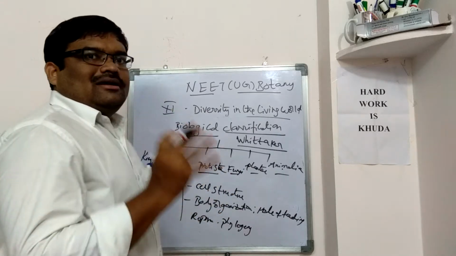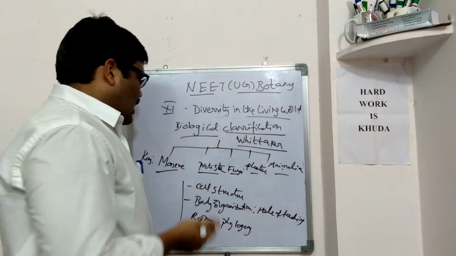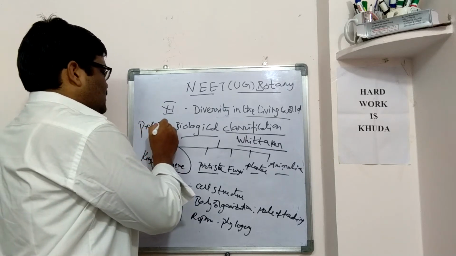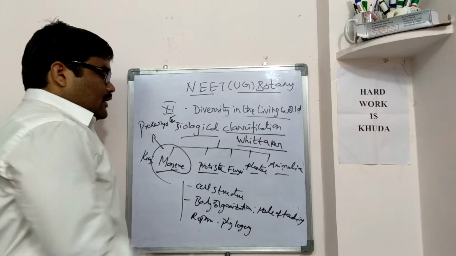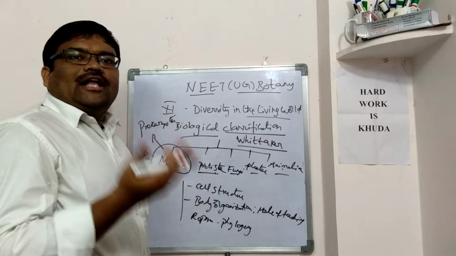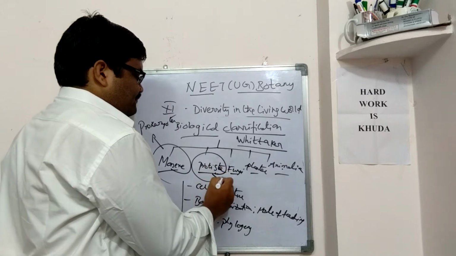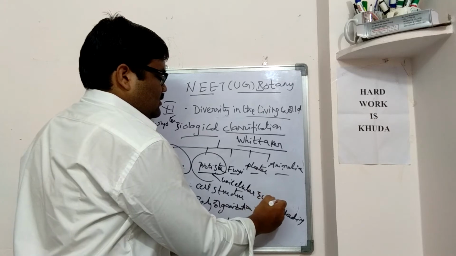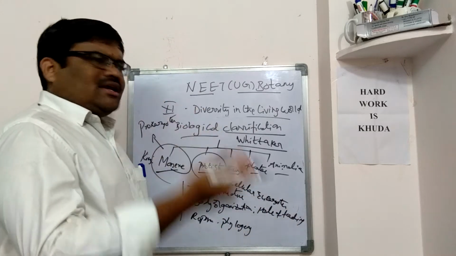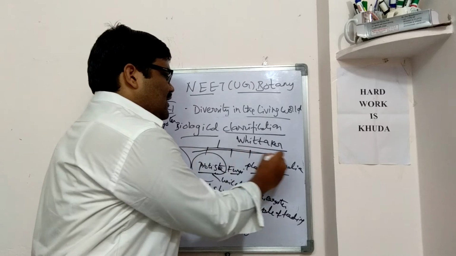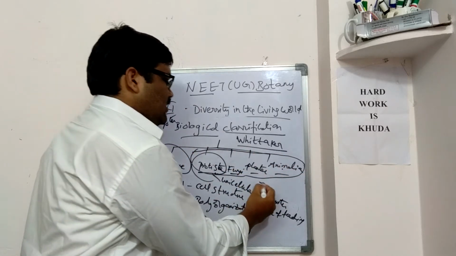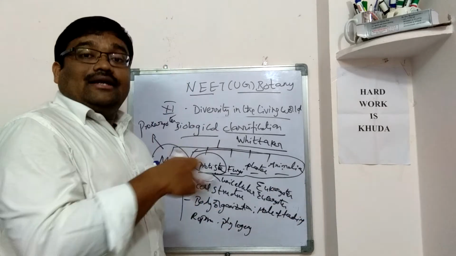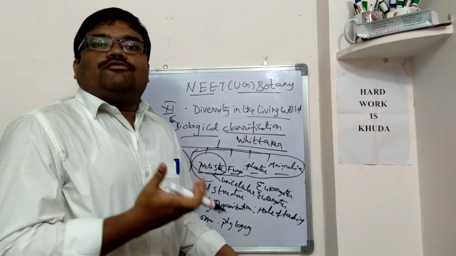In brief, all prokaryotes come under Monera. Unicellular eukaryotes come under Protista. So conveniently we can say, starting from Protista up to Animalia, they are all eukaryotes. The difference is based on the complexity of organization.